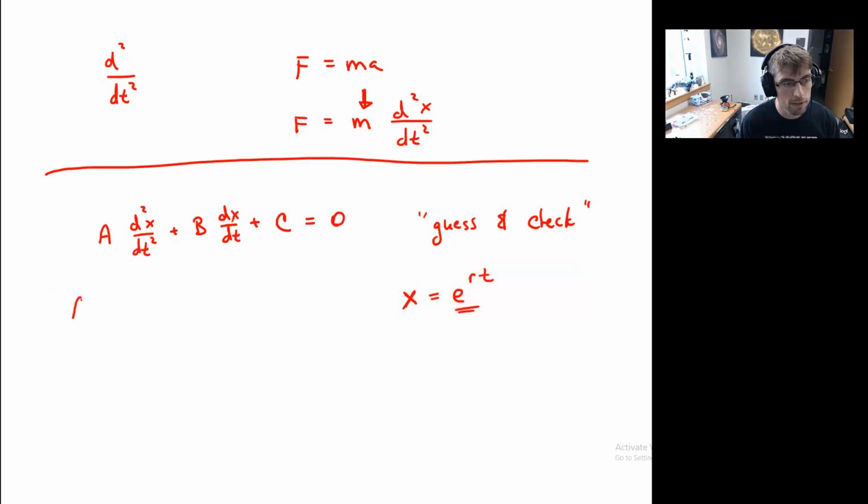And one of the nice things is, of course, that when we take derivatives of e to the rt, those derivatives are fairly easy to calculate. So I'm just doing the derivatives right now. Excuse me, I dropped an x there.